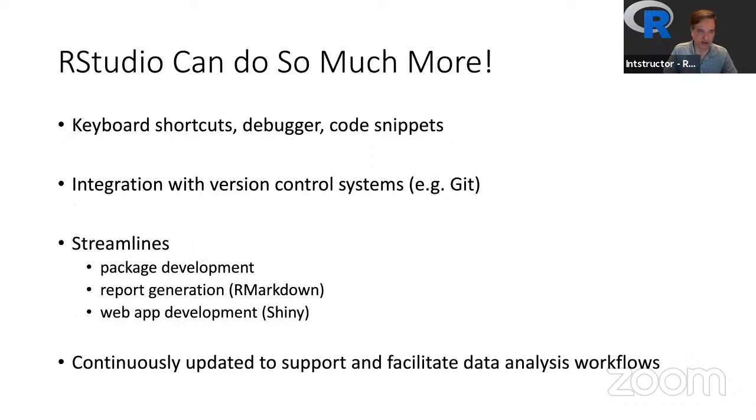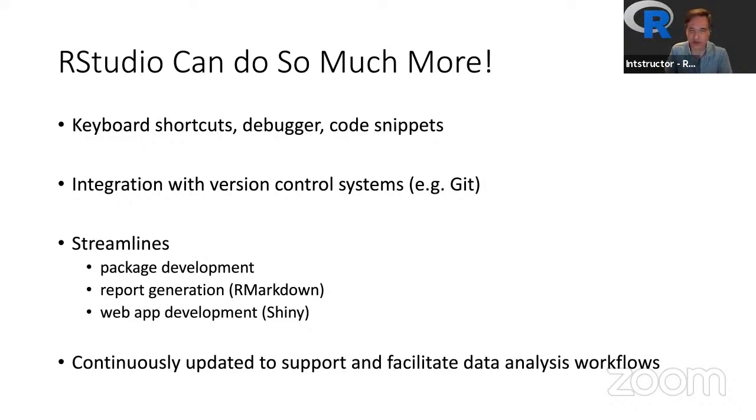Okay, just real quickly, RStudio can do a lot more than just execute code. There's all kinds of keyboard shortcuts. We can look at those in a little bit, but keyboard shortcuts really make working with R much easier. There's a debugger. There are code snippets, so you can type short little keyboard codes, and it will expand out to type a bunch of code for you automatically.